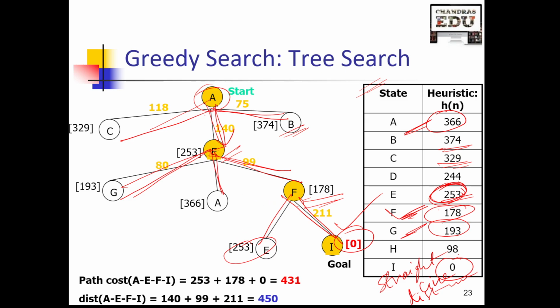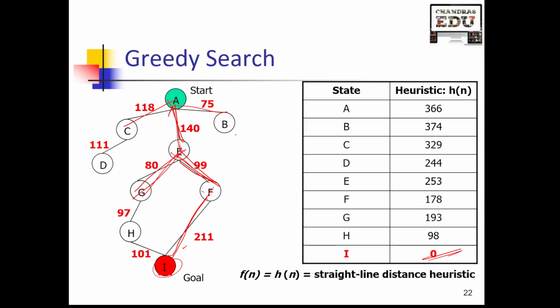If we consider the path cost, we need to take into account the path from A to E, E to F, F to I. These path costs are already mentioned here: A to E 140, E to F 190 and F to I 211.